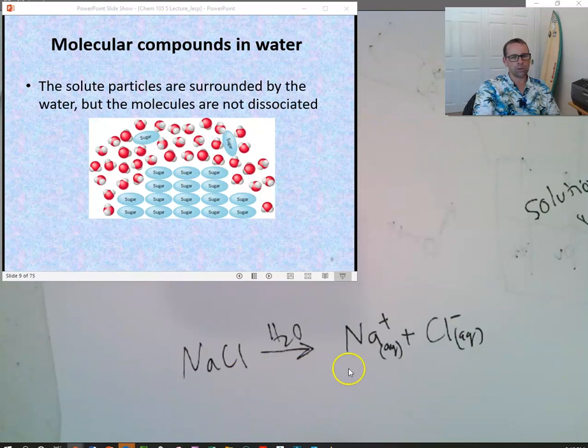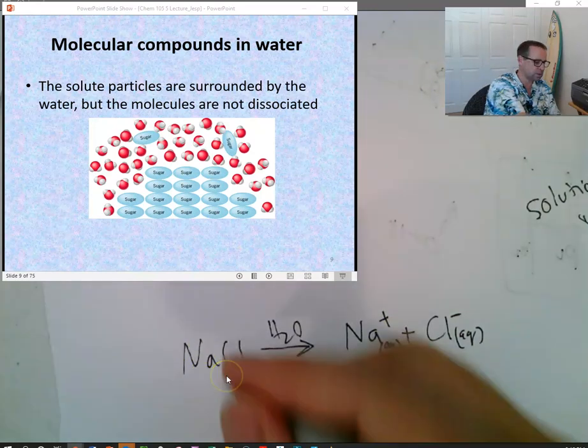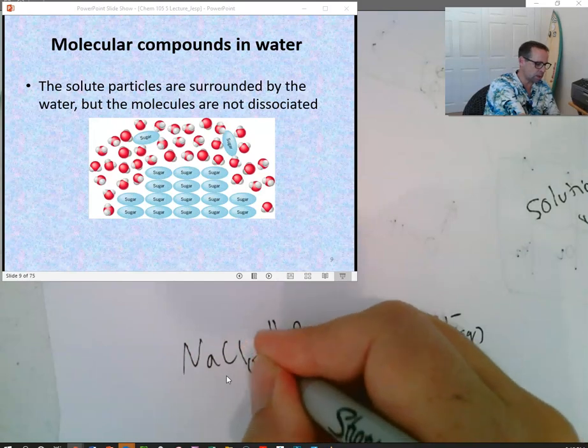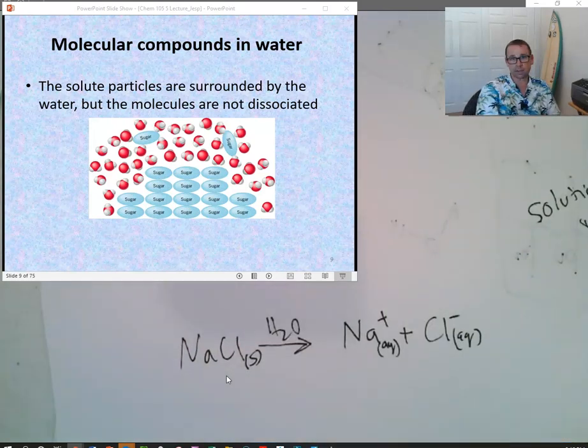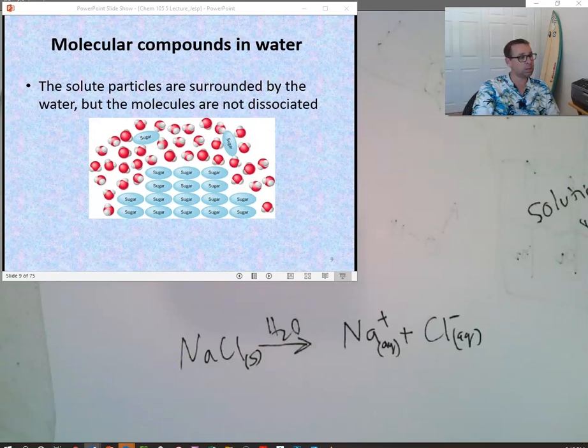Okay, so we have to begin to recognize that if I have a salt like sodium chloride, or any salt that's soluble, and we also introduced last time a table of solubility in which we can look and see what ionic compounds are soluble in water.